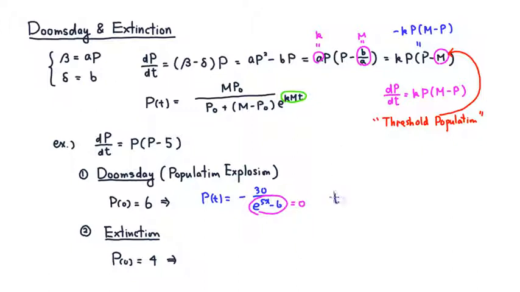So t is equal to, if you solve it, natural log of 6/5, and this is called doomsday.